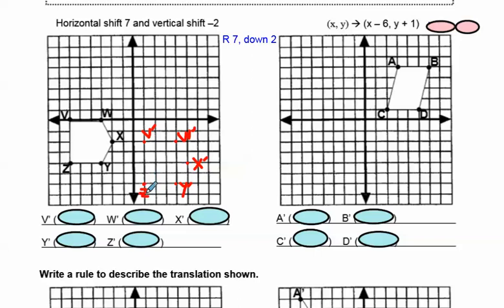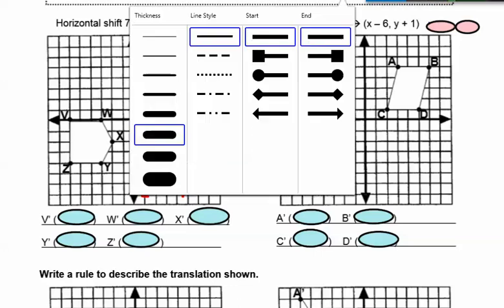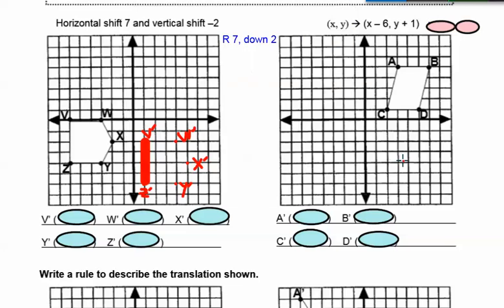Okay, at the end, you should be able to connect the dots and it should look exactly the same, okay, when we do that. So I'm going to go ahead and connect those dots. Whoa, that's really, really big. Let's make it a little bit smaller. So nope, that's not going to work.